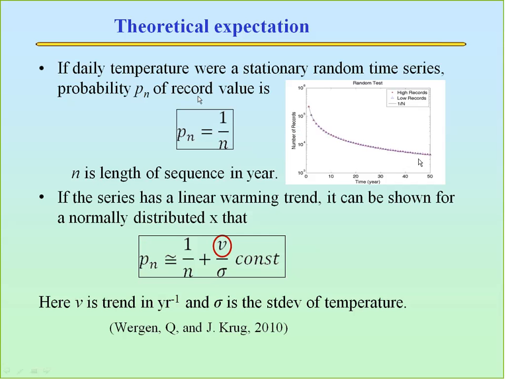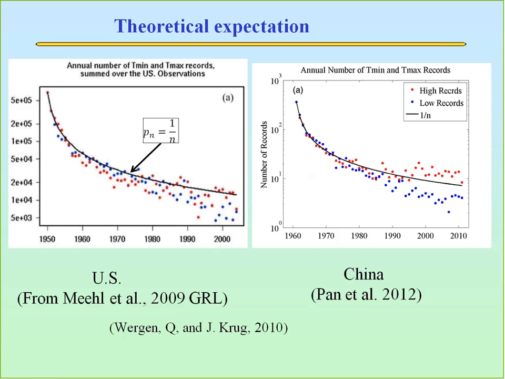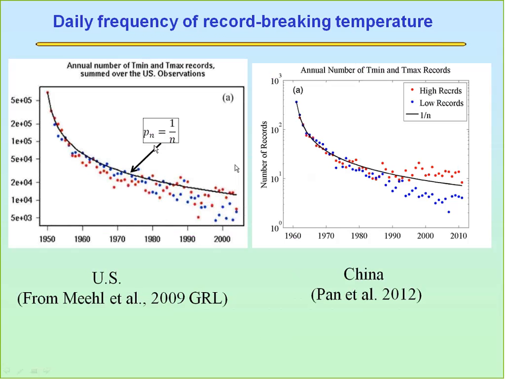Of course, in climate, temperature is not stationary. If you have a trend, you have a correction term, where V here is the trend, so you have a second term, the trend effect. As an example, this is over the US, work done by Jerry Meehl and Anchor.